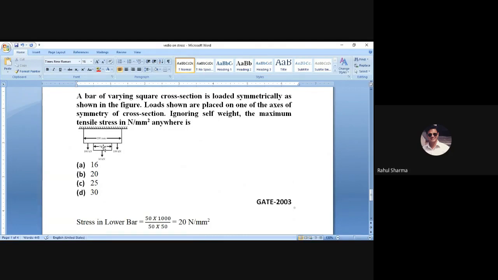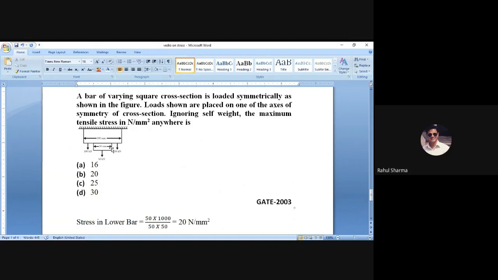This is your lower bar, and this is your upper bar. And you can see that the upper bar is fixed at the upper end. And on the lower bar there is a load of 50 kN in the downward direction. And at the intermediate section there is a load of 100 kN and 100 kN. This means a total load of 200 kN.